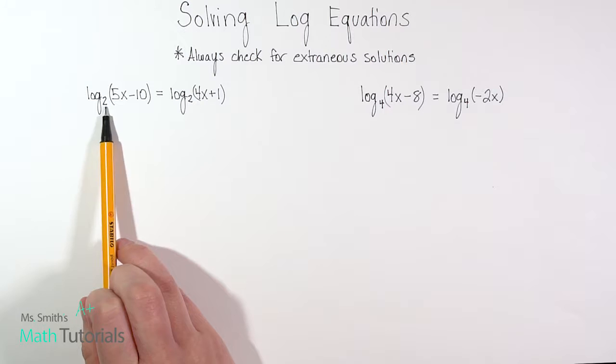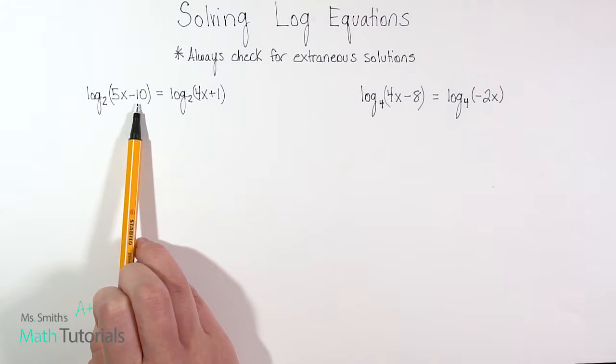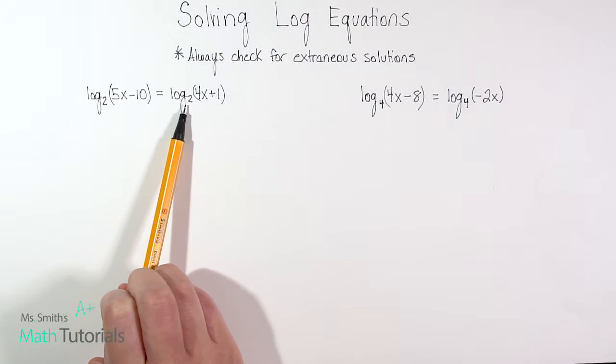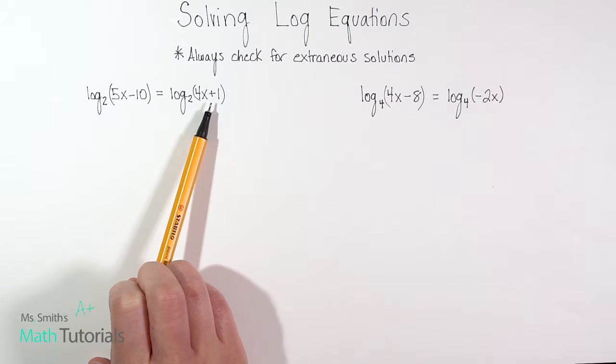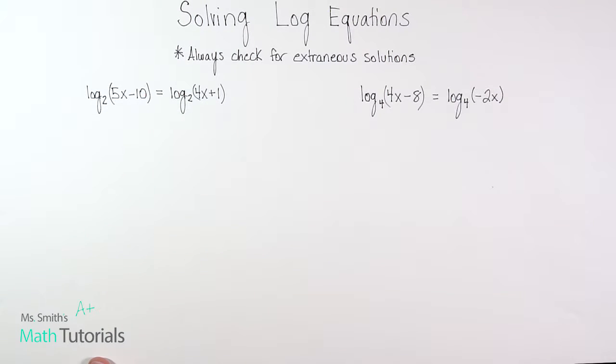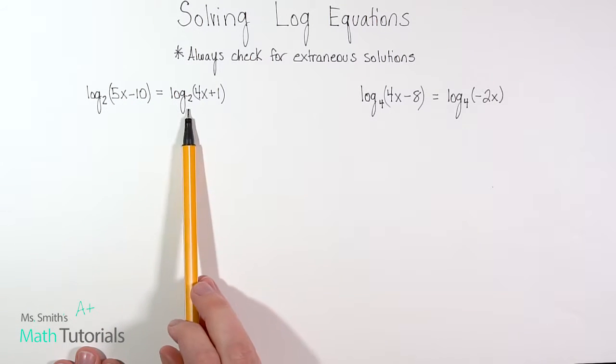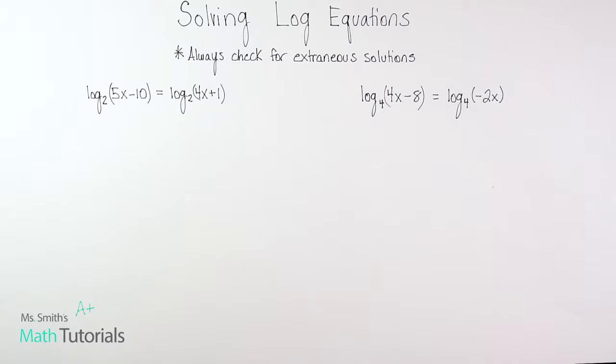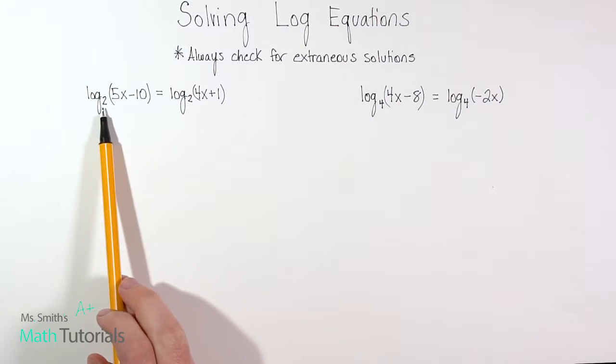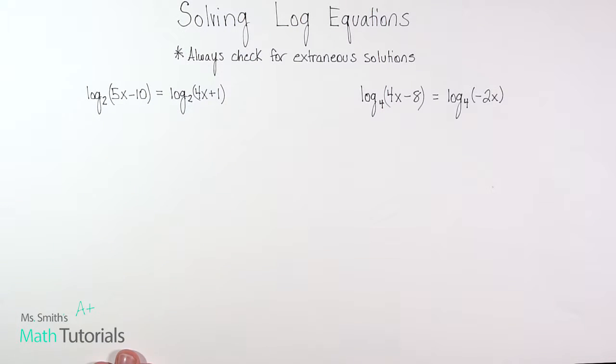So notice what we have here. Log base 2 of 5x minus 10 equals log base 2 of 4x plus 1. Hopefully you notice that on either side of that equation, we have a log base 2. That's the ideal situation, and those are going to be the easiest problems, when we have a log with the same base on either side of the equation, because what we can do is this.